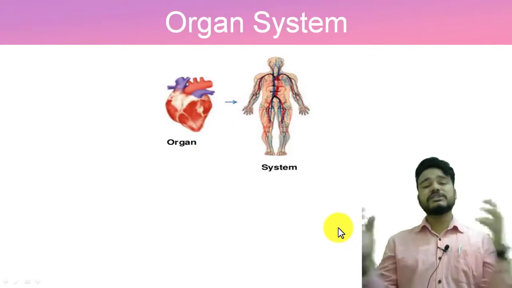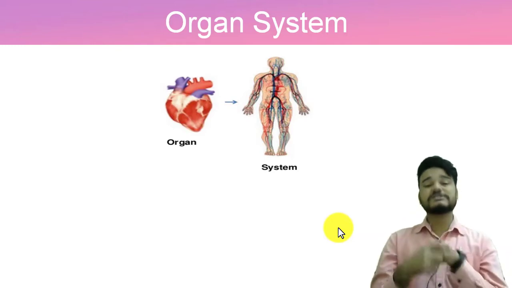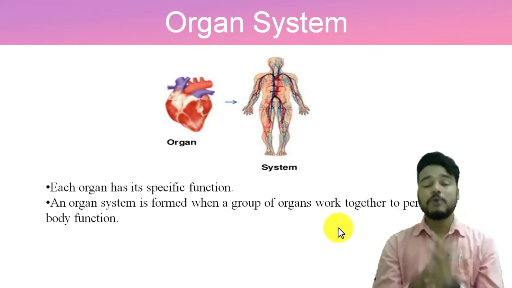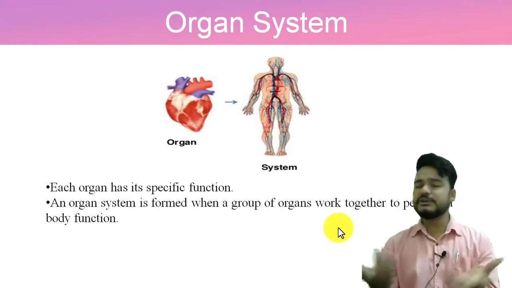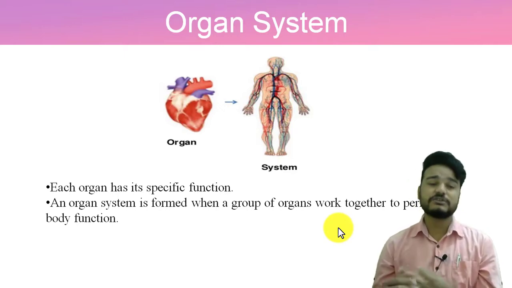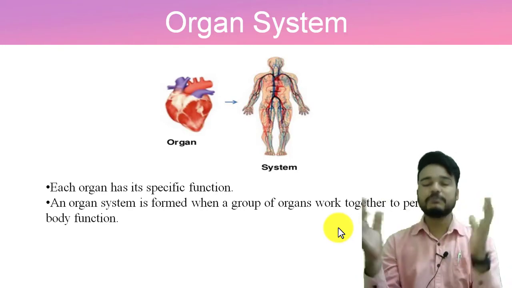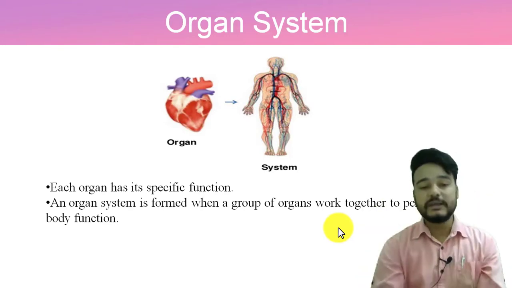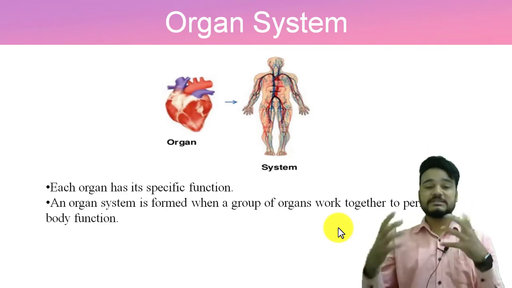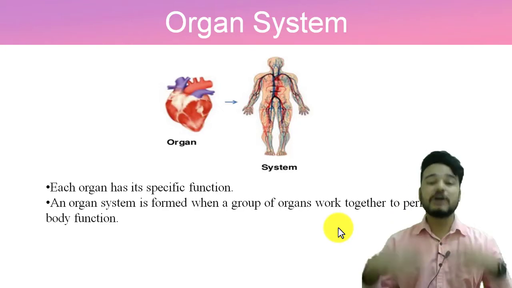When these multiple organs come together, they make our body system, and each organ has a different function. Like the heart has a different function, the brain has a different function, and when these organs form a group and work together, they make our body function. मतलब ये पूरे organs एक साथ में मिलके जब काम करेंगे, so they will make our body function.